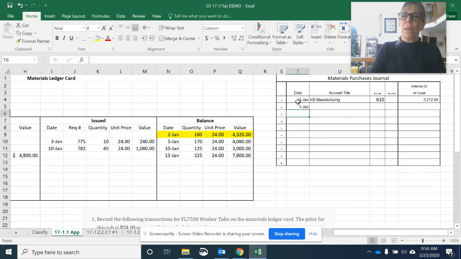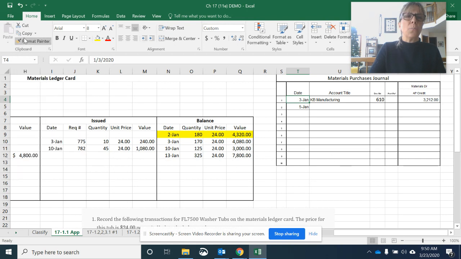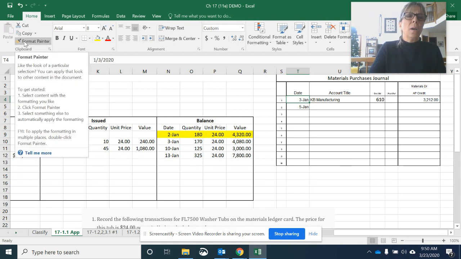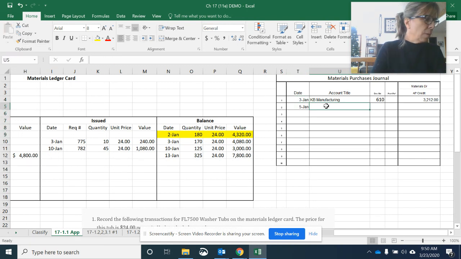There we go. So you might have to do a little format painter. Something weird is happening with the formatting, so just select your first January, hit your format painter. You're probably in Sheets though, but you can still hit the paintbrush format painter and then paint all the way down. So therefore, you'll have your dates all looking the same.